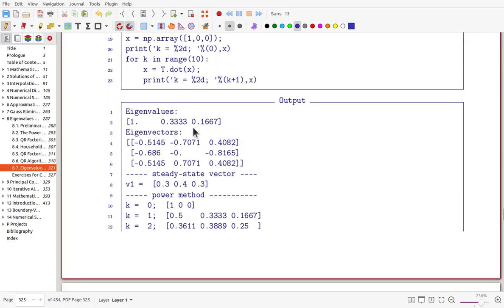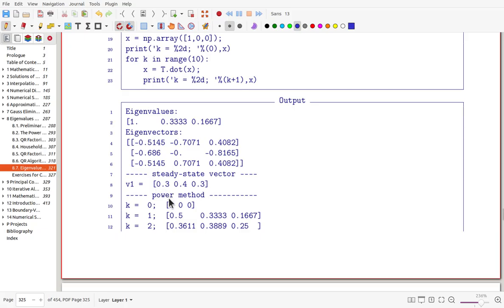We have 1, 1/3, 1/6 as the eigenvalues, and corresponding eigenvectors. By scaling by the sum of these entries, we can get this state vector. This and that, these two vectors are parallel. And this is a state vector.